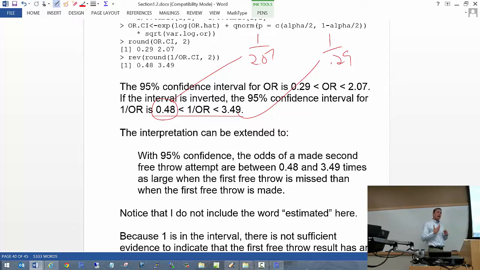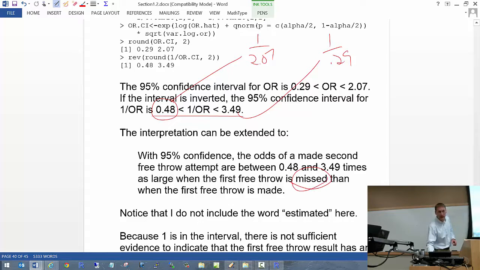So notice I'm not going to use the word estimated here at all, because now I'm talking about the true odds ratio. I have a certain level of confidence associated now with what I think the true odds ratio is. So with 95% confidence, the odds of a made second free throw attempt are between 0.48 and 3.49 times as large when the first free throw is missed.